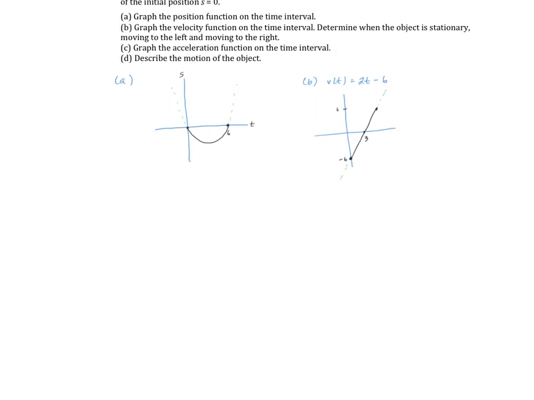Well, when we look at B, it says to determine when the object is stationary, moving to the left and moving to the right. So we get the movement from the velocity. When the velocity function is 0, that's when the object is stationary. So notice that the velocity function is 0 at 3 seconds. So the object is stationary at 3 seconds.